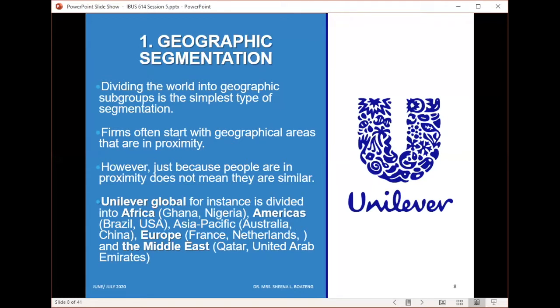Countries like Nigeria, for instance, which borders Ghana in terms of proximity, are an English-speaking country, which is supposed to share a certain level of similarity with the consumers in Ghana, but that proximity does not bring about that similarity that we are looking for.